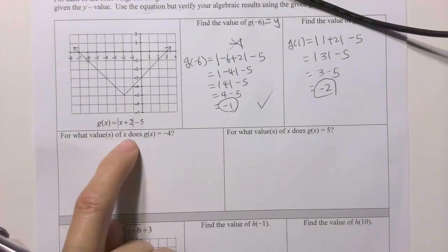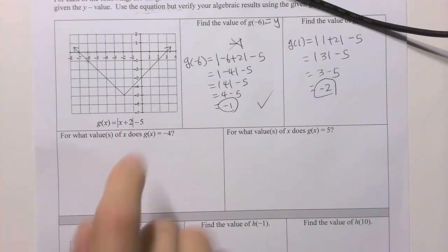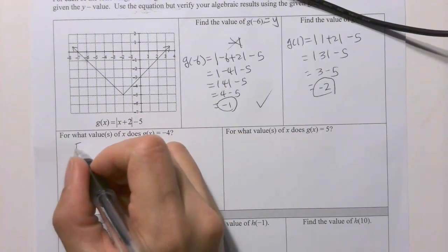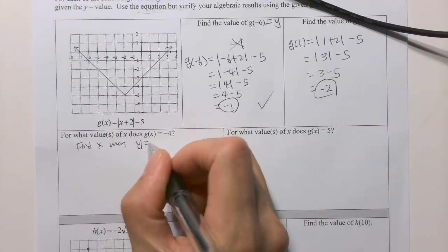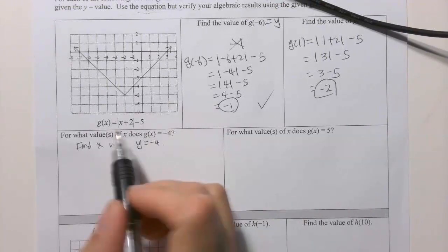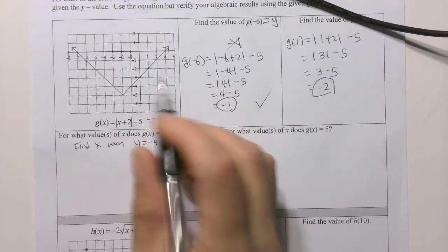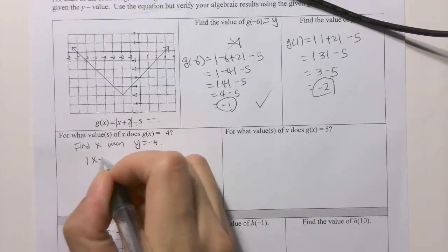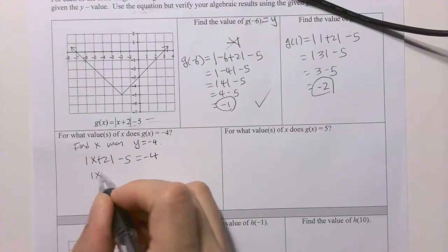Now, the other way. For what values of x does g of x equal -4? So what is this asking? It's asking you to find x when y is -4. Okay, so the whole thing has to be equal to -4. I'm going to put it up here. Let's solve it.